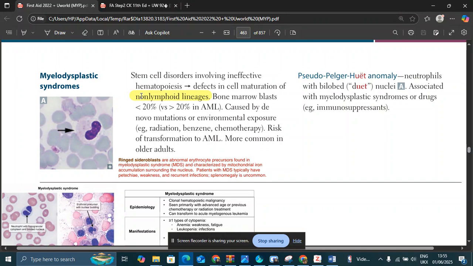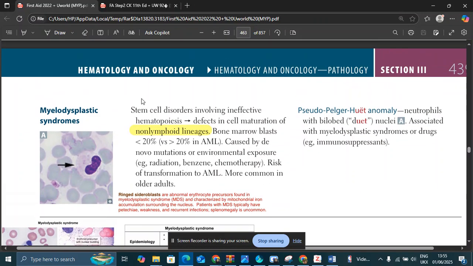Now, what are the manifestations? What are the findings we usually see in this disorder? Usually, it leads to one or more types of cytopenias. Cytopenias means a decreased number of cells: anemia, leukopenia, or thrombocytopenia.